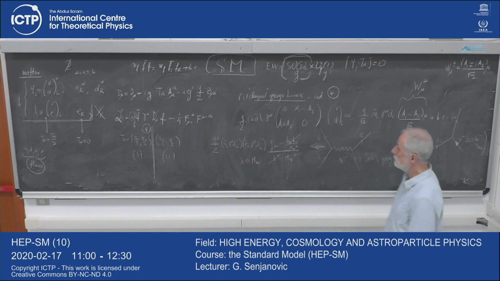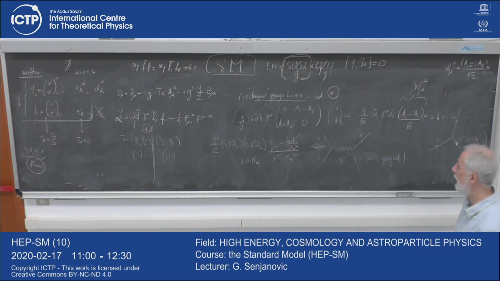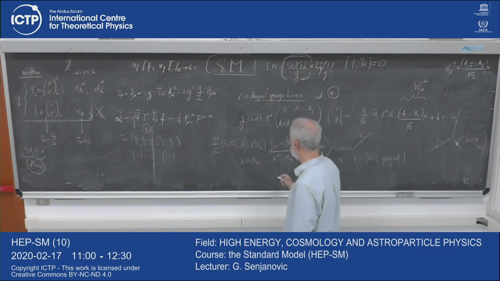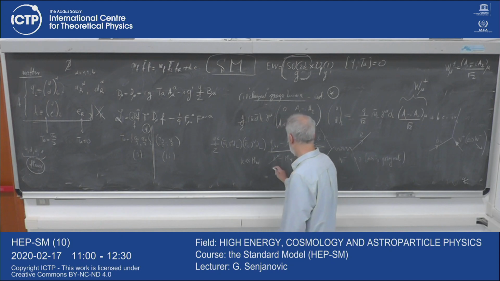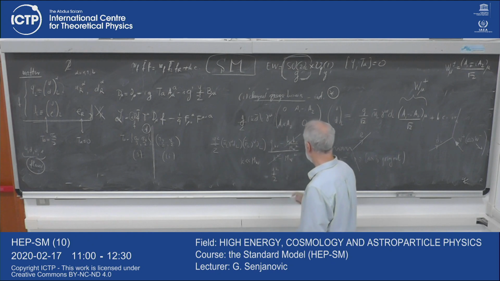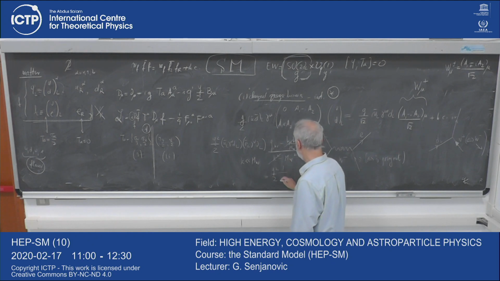But at low energies I get this, and this is a famous interaction. What I get is g squared over 2, times 1 over mW squared. And this I could write as a weak current times weak current bar.